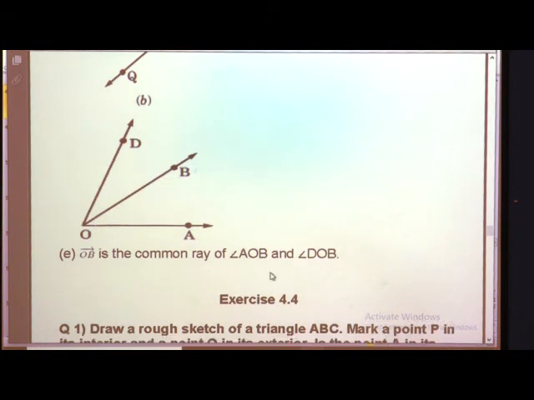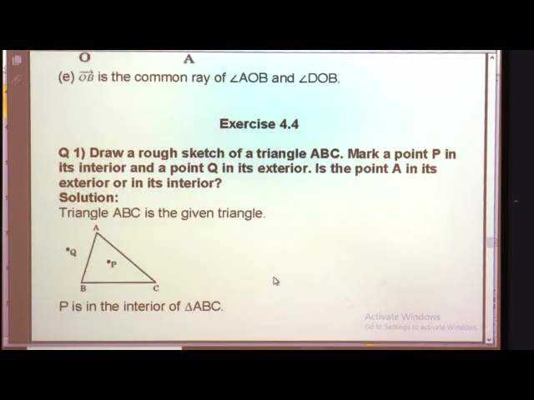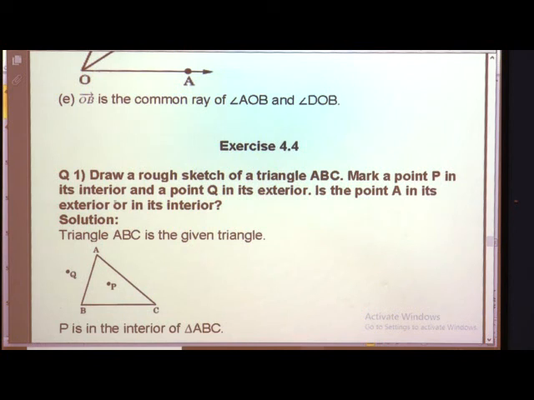Okay. Now, we will go to solve the next exercise. First question: draw a rough sketch of a triangle ABC, mark a point P in its interior and a point Q in its exterior. Is the point A in its exterior or in its interior?